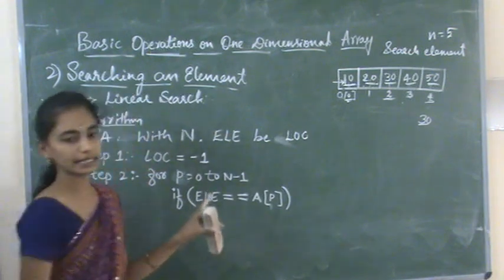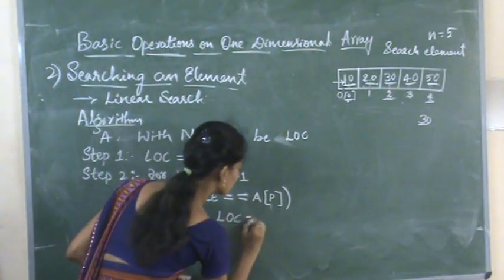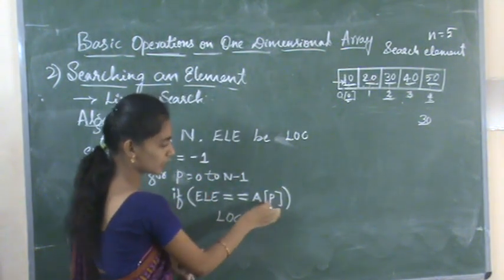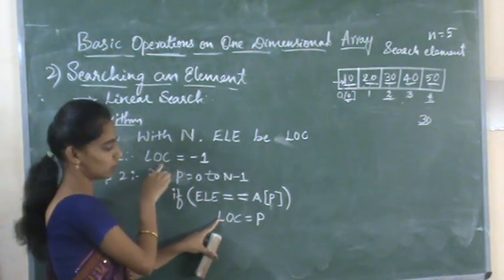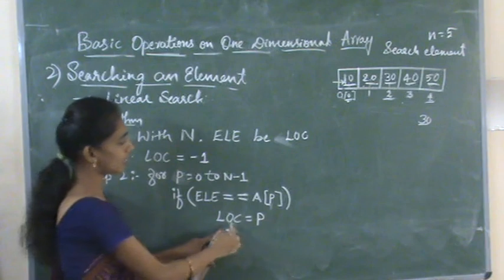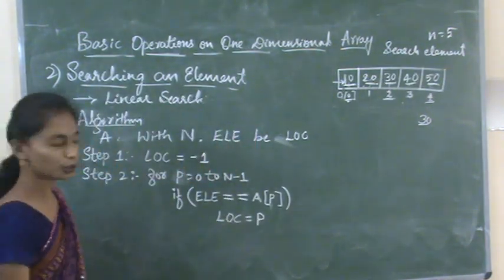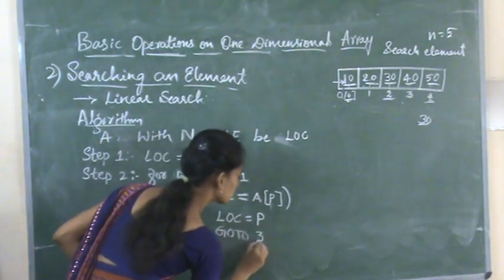If it is equal, we write that location to P. Whatever the location, if it is 0, that is assigned to the location LOC. Then we will get where exactly that element is present. So LOC is equal to P. Next, go to the third step.